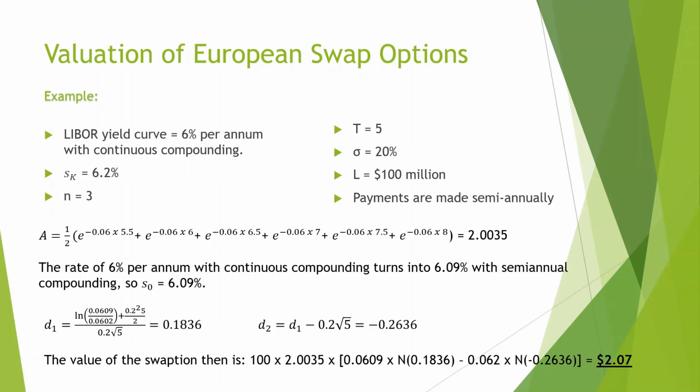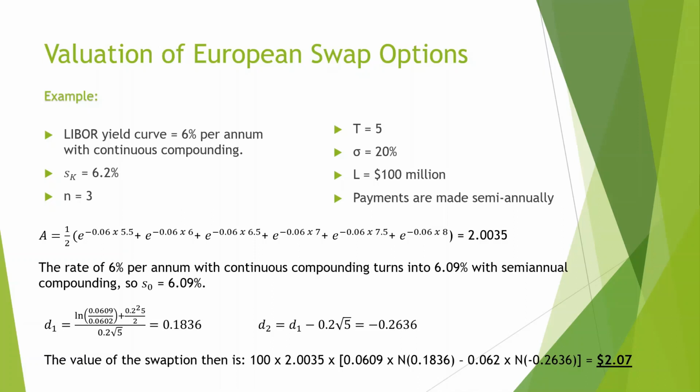Here is an example. Suppose that the LIBOR yield curve is flat at 6% per annum with continuous compounding. Consider a swaption that gives the holder the right to pay 6.2% in a 3-year swap starting in 5 years. The volatility of the forward swap rate is 20%, payments are made semi-annually, and the principal is 100 million. In this case, A is the following equation that gives 2.0035.